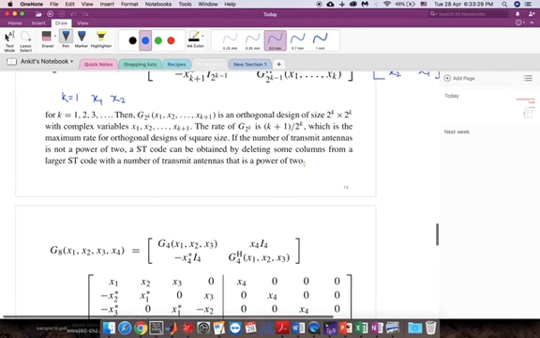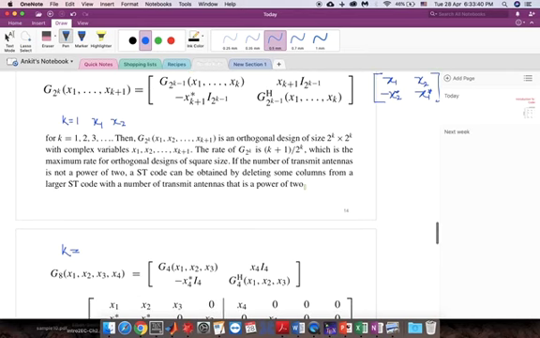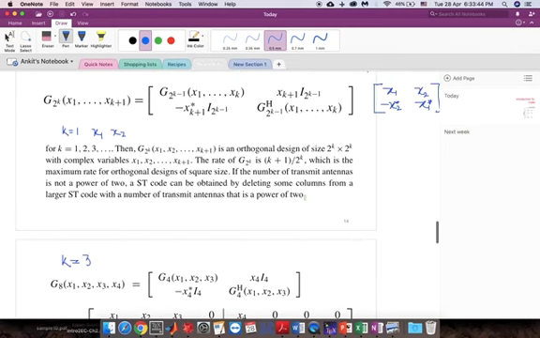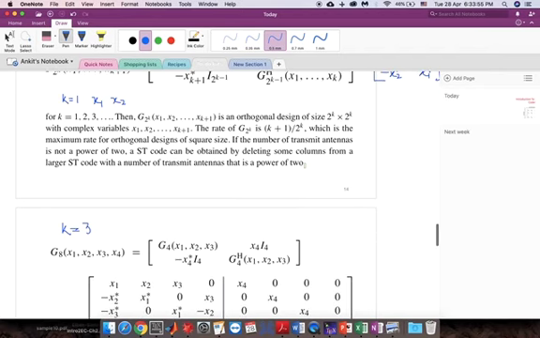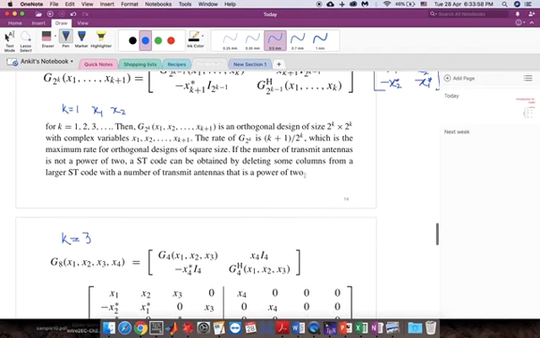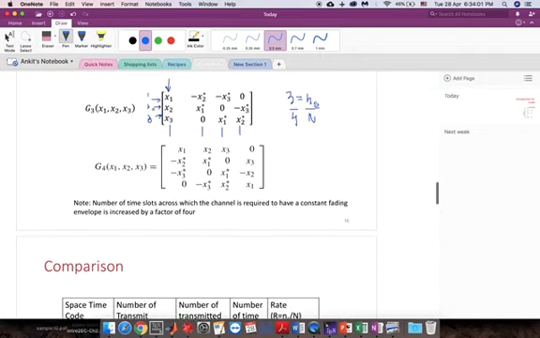Now here's one more example, where k is equal to 3. So k is 3 means x1, x2, x3 and x4. Four symbols we are looking to transmit. If we put k equals 3 here, what will we get? We get 2 raised to the power 2, that is 4, G4 of x1, x2, x3 accordingly. We have already seen the structure of G4 here.